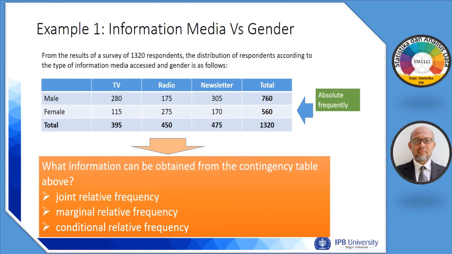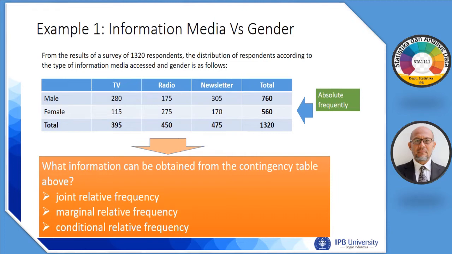So meaning that, for example, the respondents with male gender number 760, while female is 560.